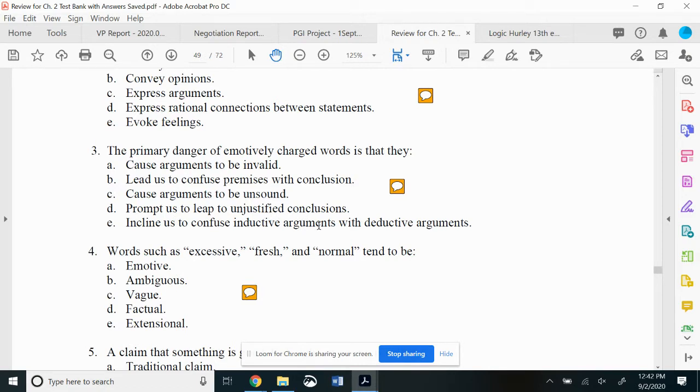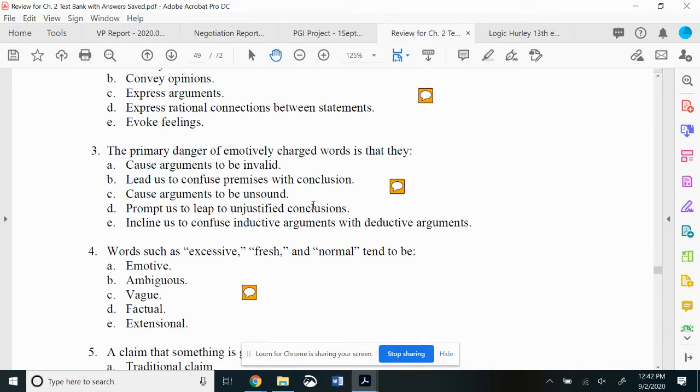Okay. If somebody uses an emotively charged word, like, hey, you a-hole, or you ignorant fool, it can elicit an emotive response from you, but it might not necessarily lead to a logical conclusion. So that's what it means when it says prompt us to unjustified conclusions.